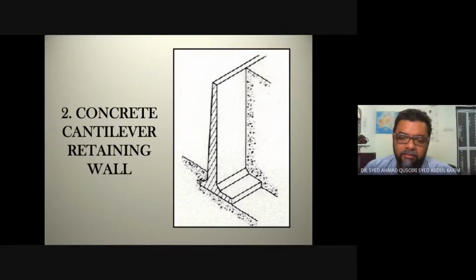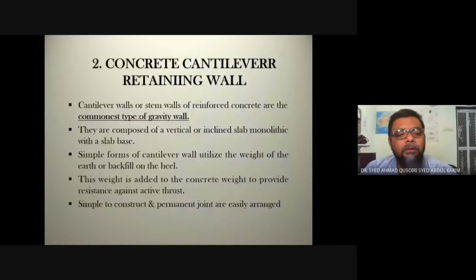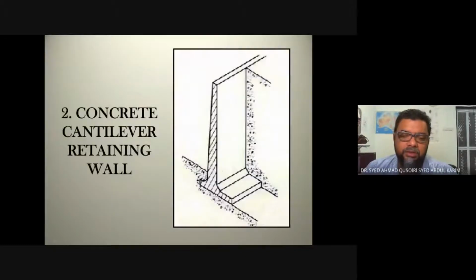But since we have elongated this heel and all this soil is on top of it, this soil acts as a vertical wall also, pushing down on the heel. Simple to construct and permanent joints are easily arranged. Of course, we need jointing because this is a concrete construction.